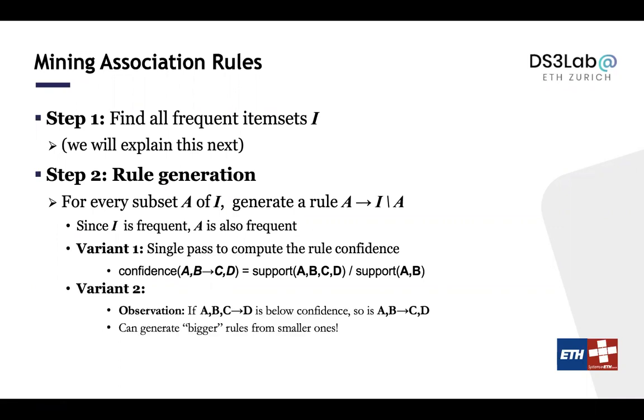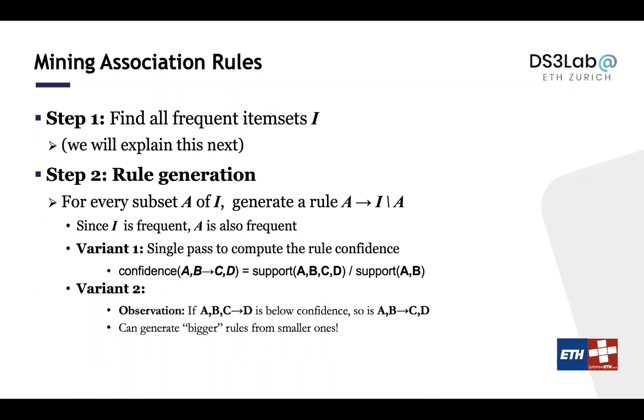Or in some other algorithms, you can generate bigger rules from the small ones. The observation is, if you know that ABC to D is below a certain confidence, then you automatically know that AB to CD will also be below that confidence. So once you know some rule is below the confidence threshold, you can ignore a whole bunch of other rules. You can grow the rules from a small one to a bigger one.